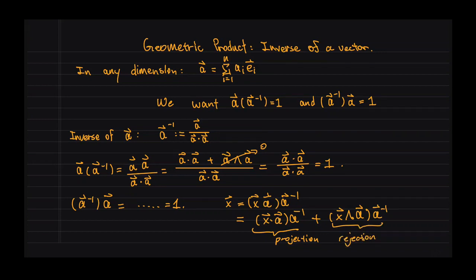But if you don't understand right now, it's fine. We haven't talked about this yet, but it just gives us the motivation for why we introduce the inverse of a vector here.